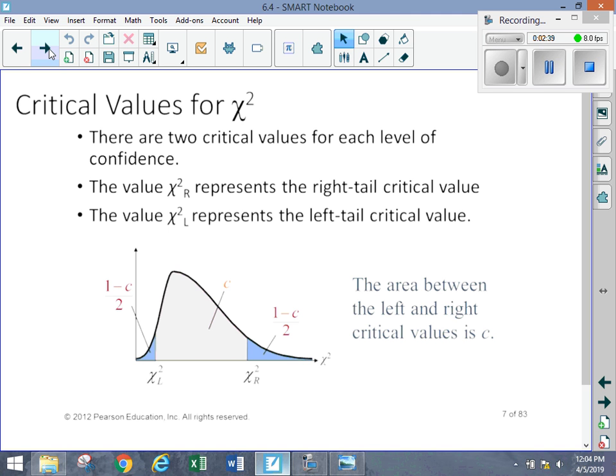We're going to be able to find critical values for chi-square. We're going to find 2 critical values, depending on the level of confidence: a right tail critical value and a left tail critical value. I'll write down the formulas for these, but they are right here. So 1 minus c divided by 2 is how you get the left tail of your critical value, and 1 plus c divided by 2 gives you your right tail.